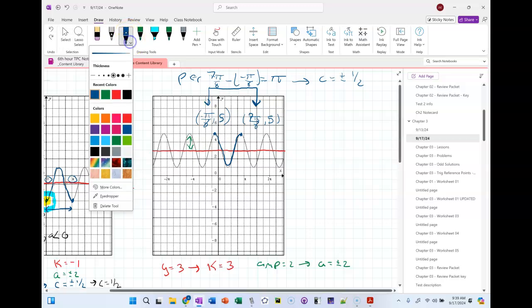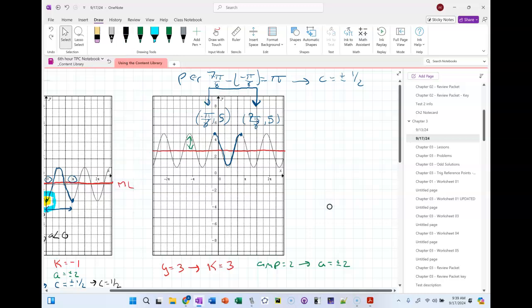Okay. So I have my A, C, and K. What I'm going to do now is pick the type of trig function I'm going to write, either sine or cosine, and then pick the point off my function that I'm going to use to figure out the h.